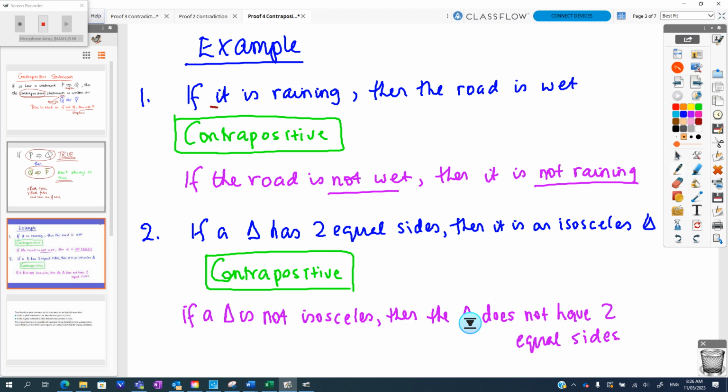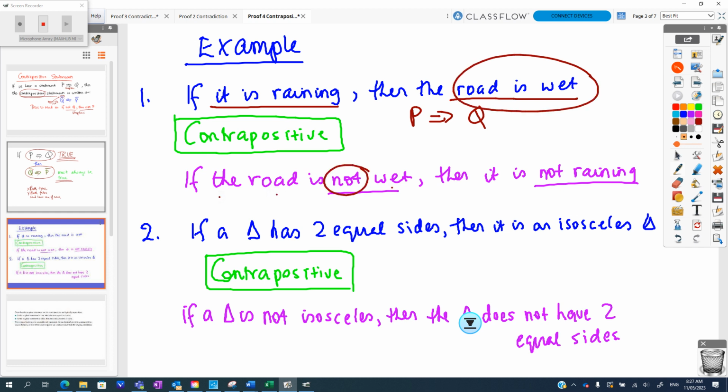If it is raining, then the road is wet. So that's P implies Q. The contrapositive is you take the second statement, the road is not wet, and then the first statement, it is not raining. So that's a contrapositive.